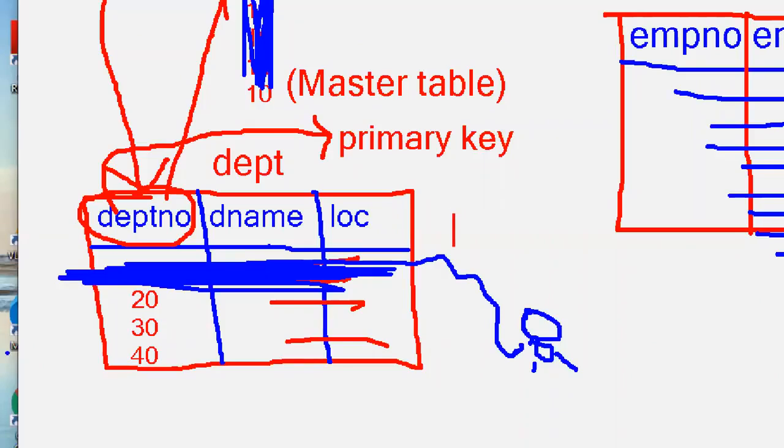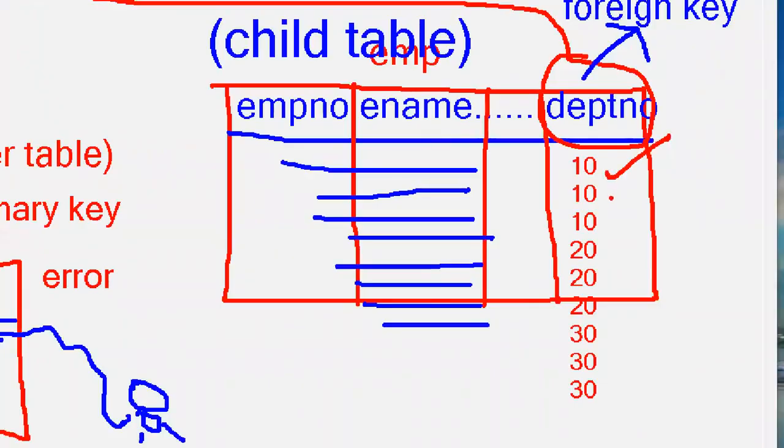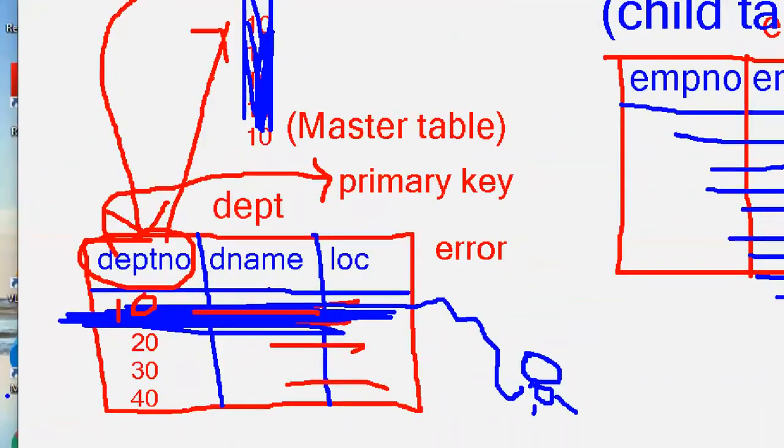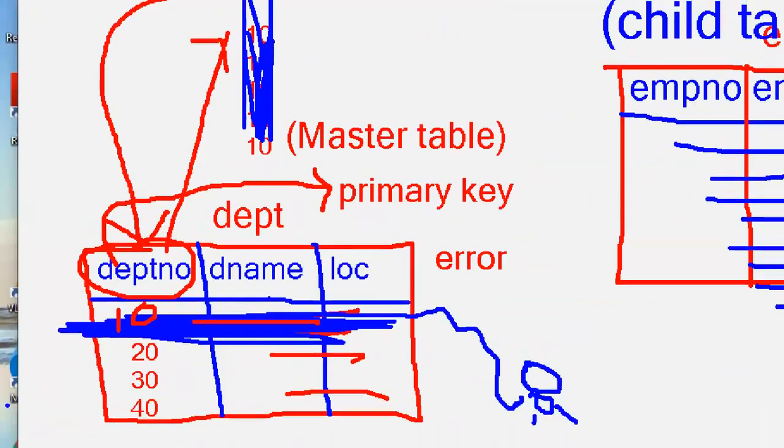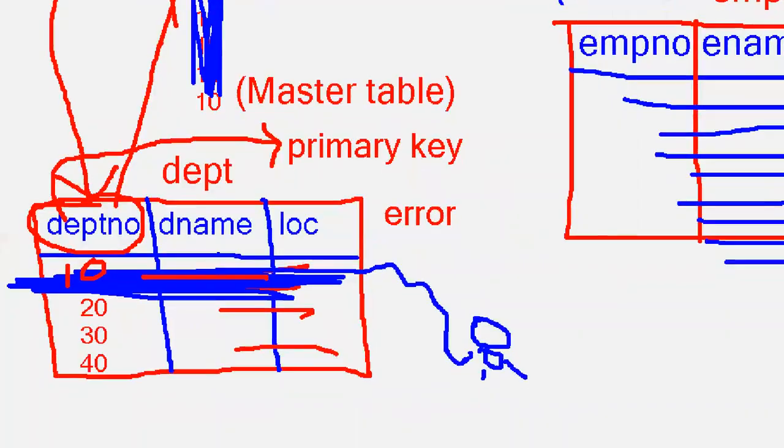Yes, impossible. It will give us an error, a security error. Why? Because that 10 is already available in the child table. That's why whenever we try to delete a record in the master table, if those records are available in the child table, it will give us an error. That is security.